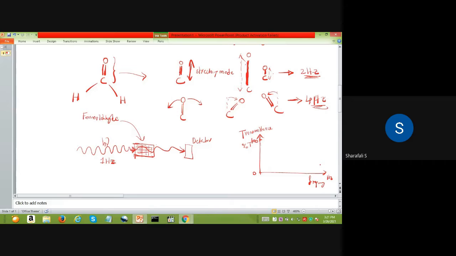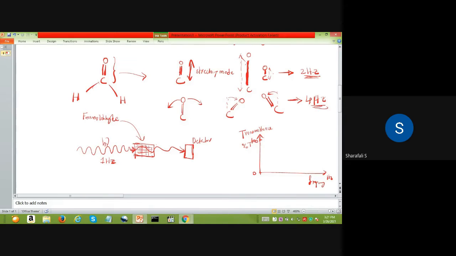Now, if you detect this particular case for this formaldehyde carbonyl group, remember that I am not considering the CH bonds, so they will also be having some kind of vibrations, and associated with that there will be absorption also. So I am not going to discuss that. This is just for understanding. So in formaldehyde, we are considering this carbonyl group, C double bond O. Then we have this incoming radiation which is 1 hertz.